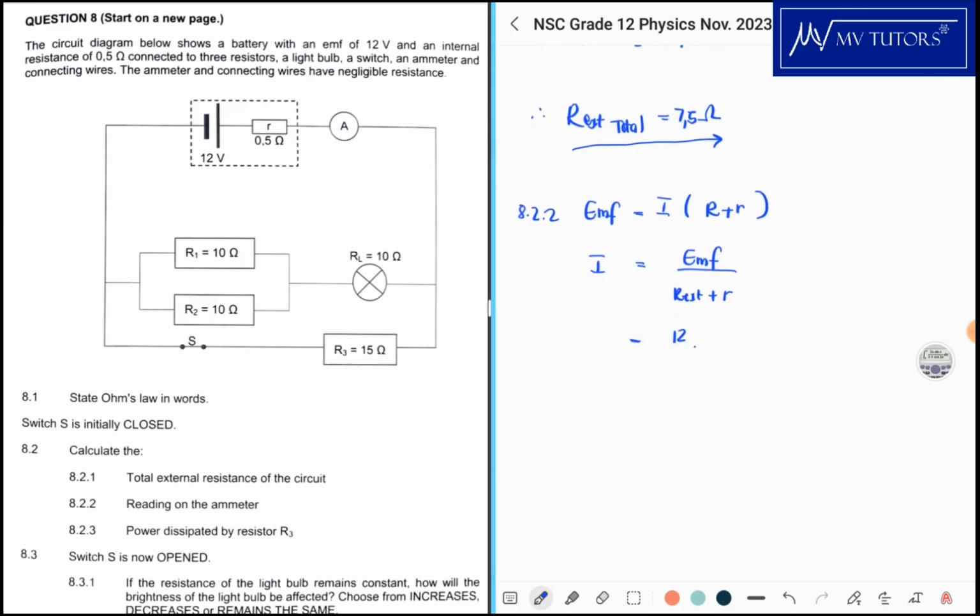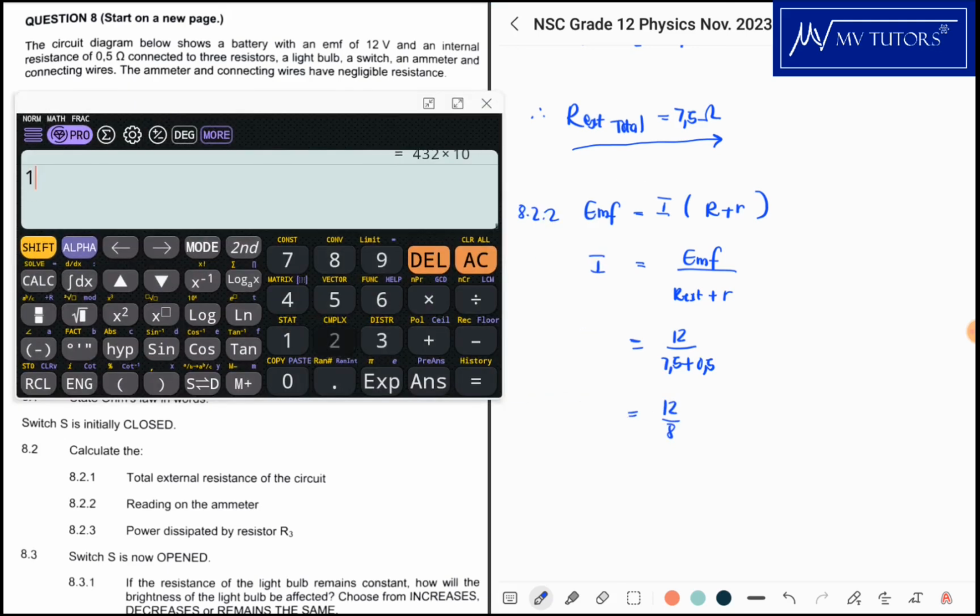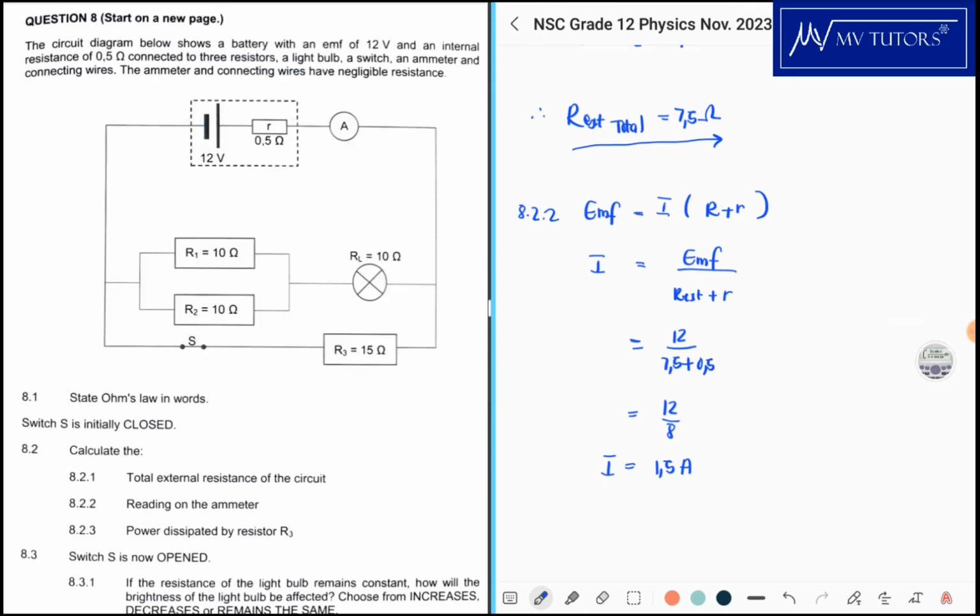So we have 12 divided by 7.5 plus 0.5, which is just the same as 12 divided by 8. And what is 12 divided by 8? It's basically 1.5 amperes. Okay, so that is the reading on the ammeter.